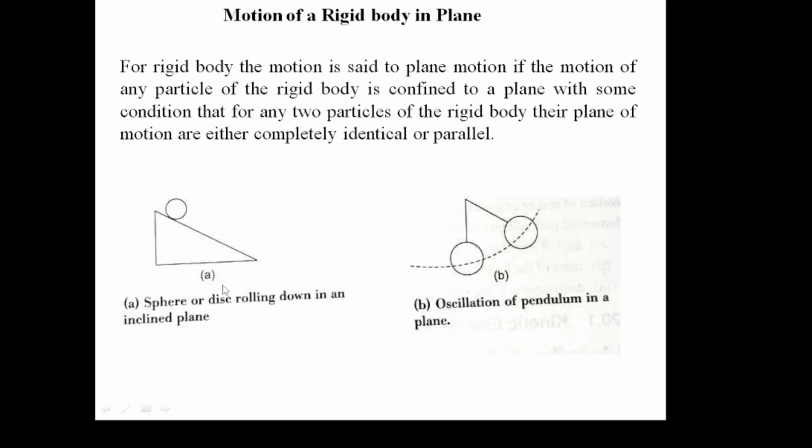The first case is a sphere or disk rolling down an inclined plane. The motion of two particles in these rigid bodies are either completely identical or parallel. The second case is the oscillation of a pendulum in a plane. Here these are completely identical.